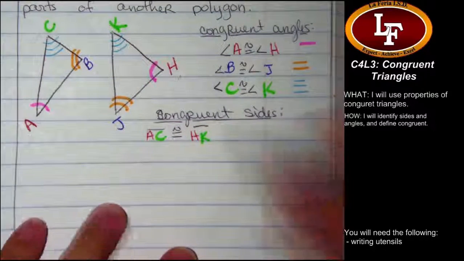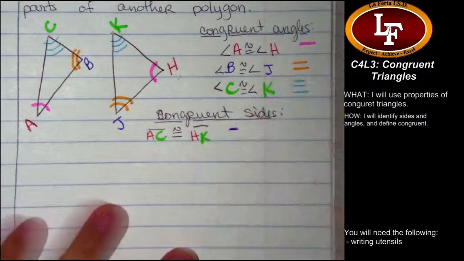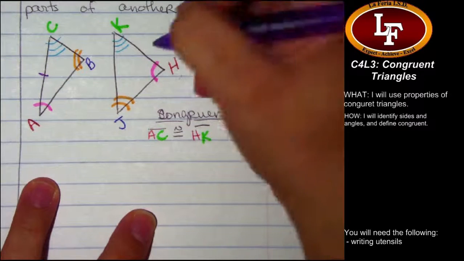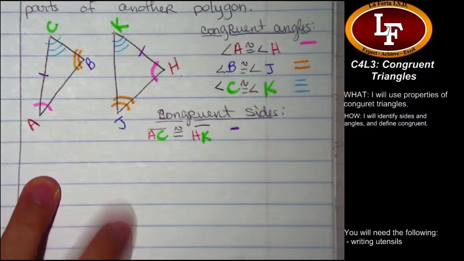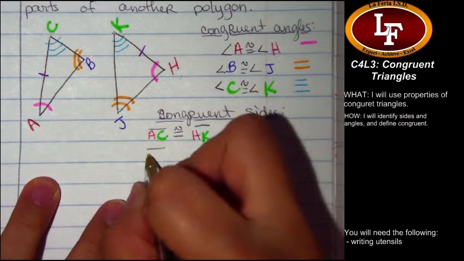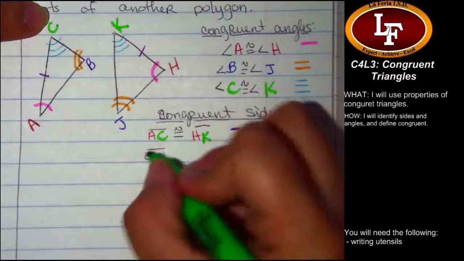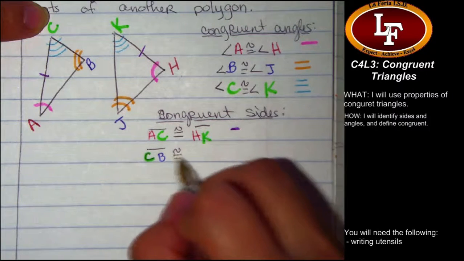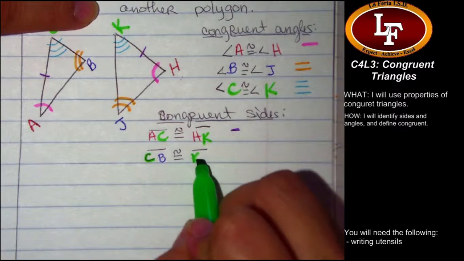Okay. I'm going to mark these with one line. We have line segment CB, and that is going to be congruent to line segment KJ.